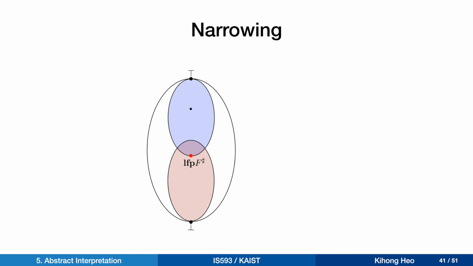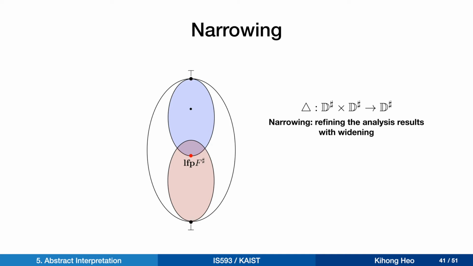But sometimes the analysis result by widening becomes too imprecise because of too aggressive over approximation. So for this case, we use an operator called narrowing that refines the analysis result from widening. That starts from the result of widening, and application of the narrowing operator will result in a refined result.